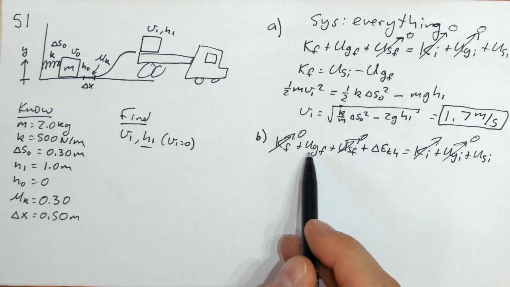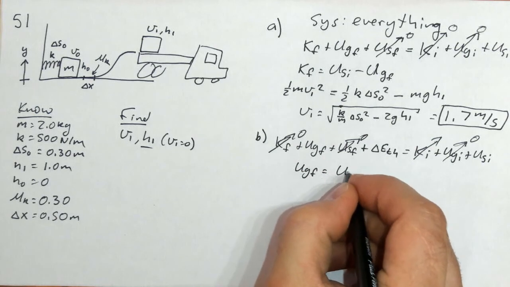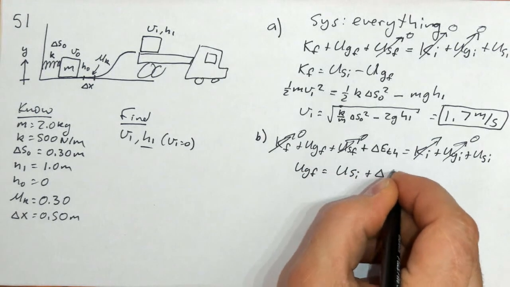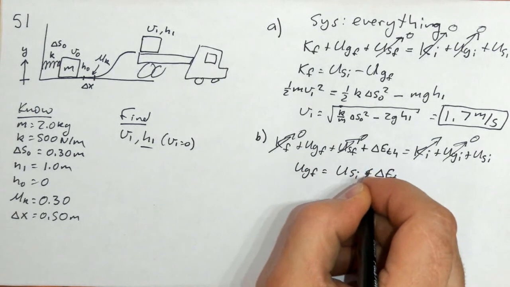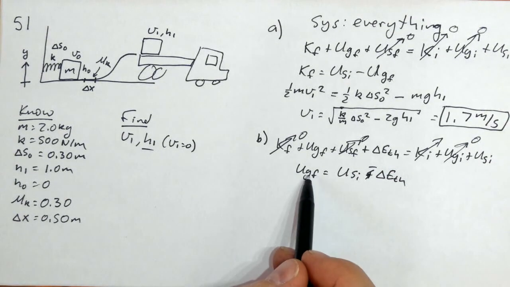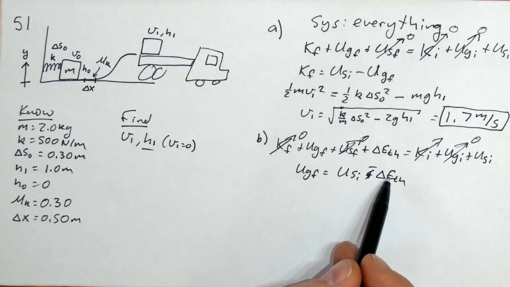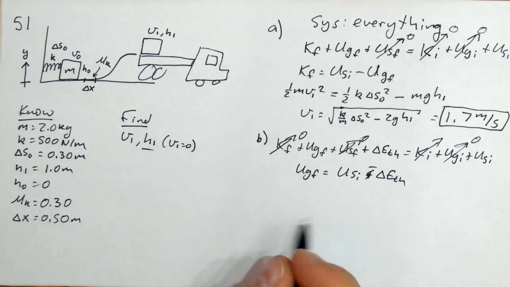UG final is equal to US initial minus delta E thermal. So whatever height energy I get, it started from spring energy, less the amount that was transformed into thermal energy.